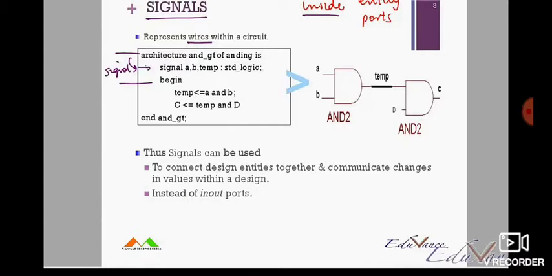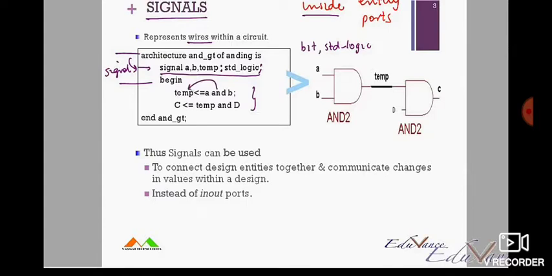The keyword is signal, the name of the signal, temp, colon, and the data type. In a previous lecture, we saw the different data types: bit, boolean, standard logic. The most common data type used for signals is the std_logic, and then I have some concurrent statements such as temp is assigned A and B.